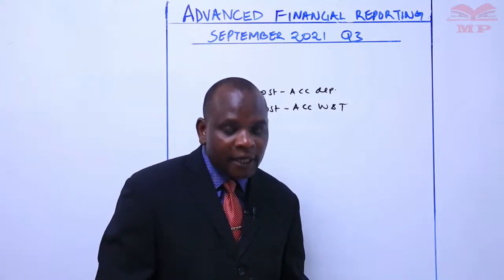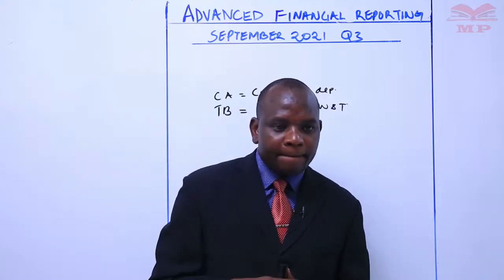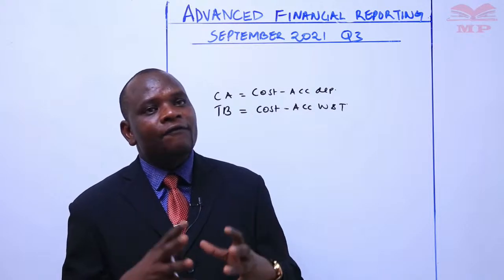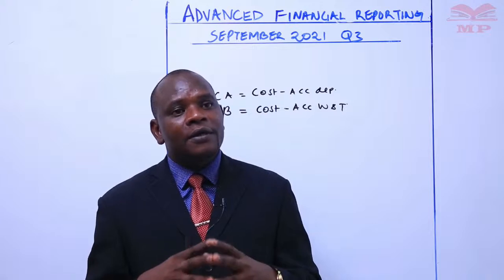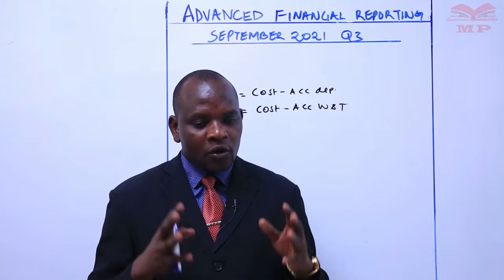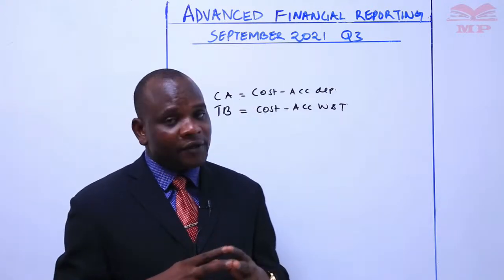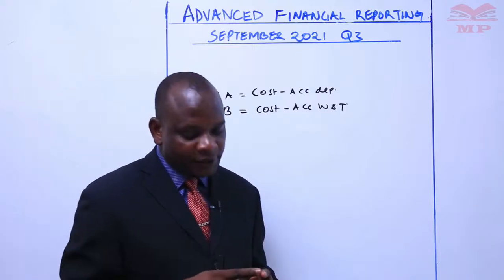They should be disallowed whenever we are computing taxable profit. And permanent differences never reverse, and therefore they don't result in deferred tax. No, permanent differences have no deferred tax consequences because they are one-off deductions.